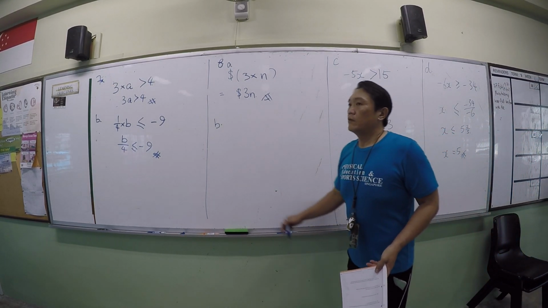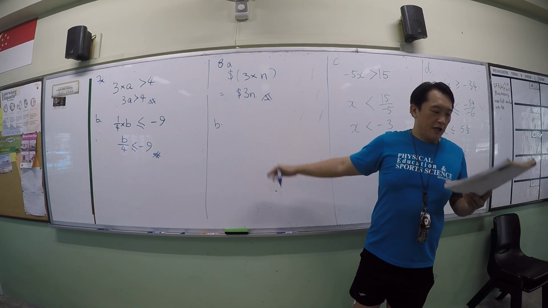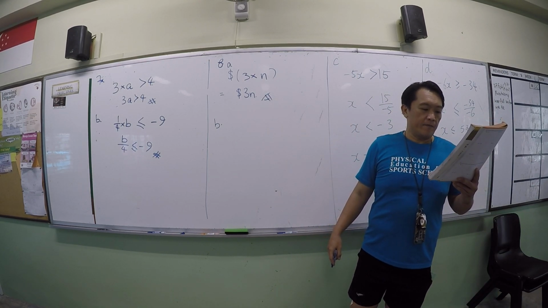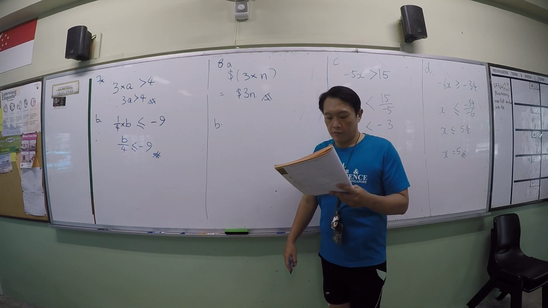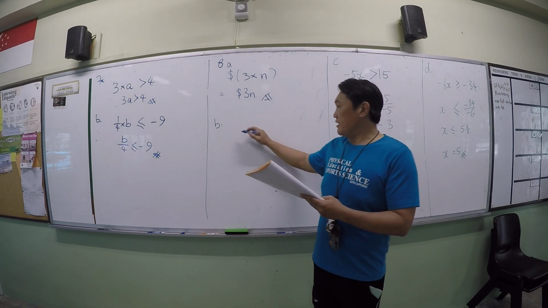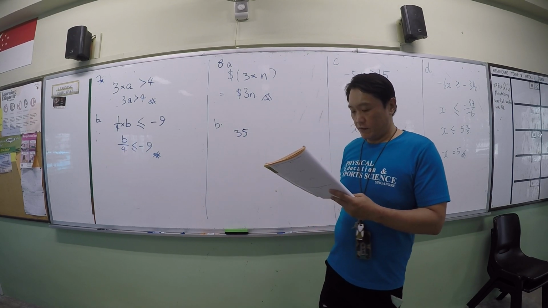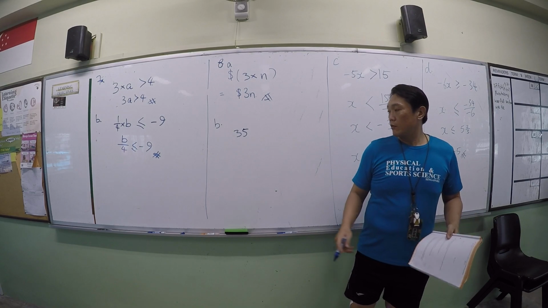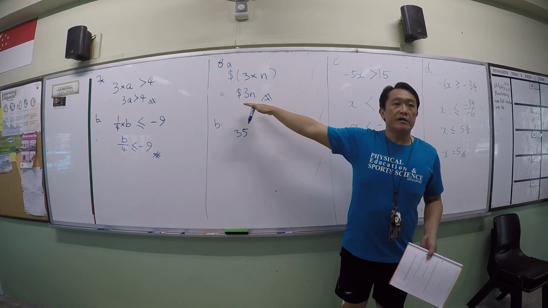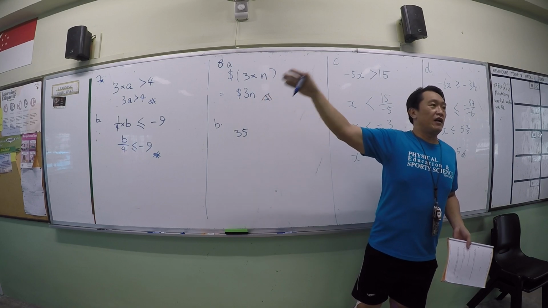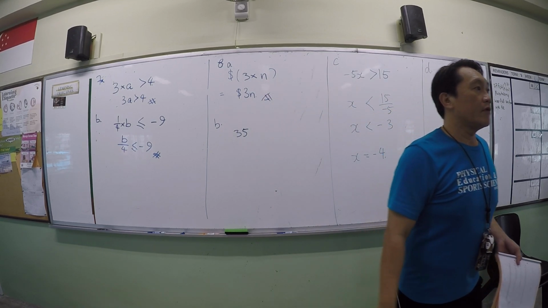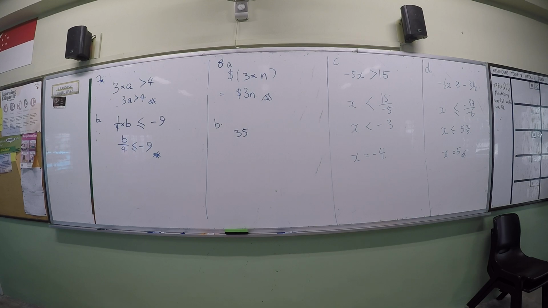Okay, so the inequality they are looking for. Bala had $35 originally. Can he spend more than $35 on pens? Is it possible for Bala to spend $36?